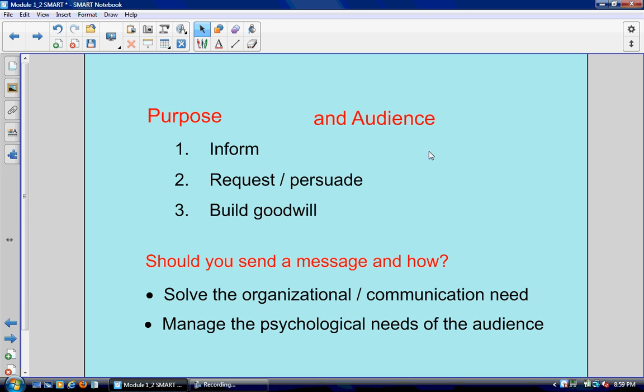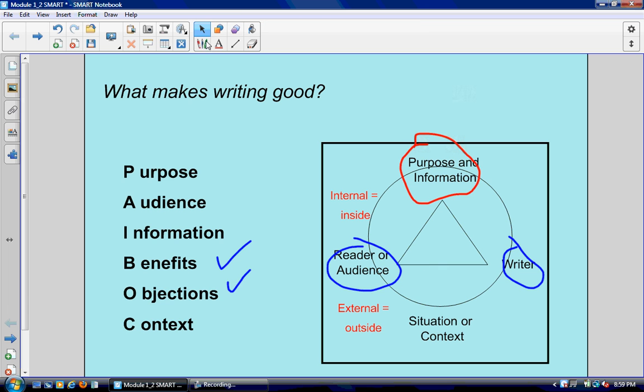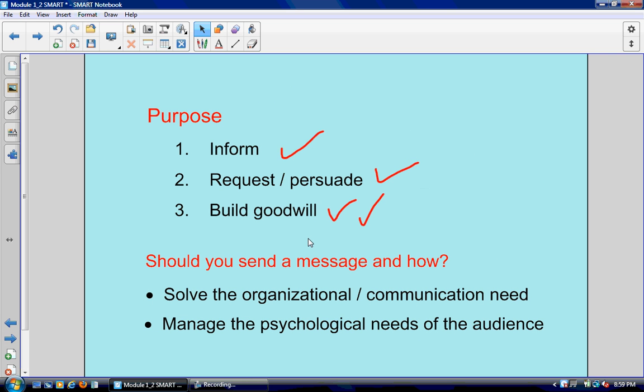You're either writing in business to inform, so provide some kind of information, to make a request or persuade someone to take an action. And then often as part of each of these, you're writing to build goodwill and continue to maintain those relationships or establish those relationships that we talked about between the audience and the writer, as well as the audience and the organization.